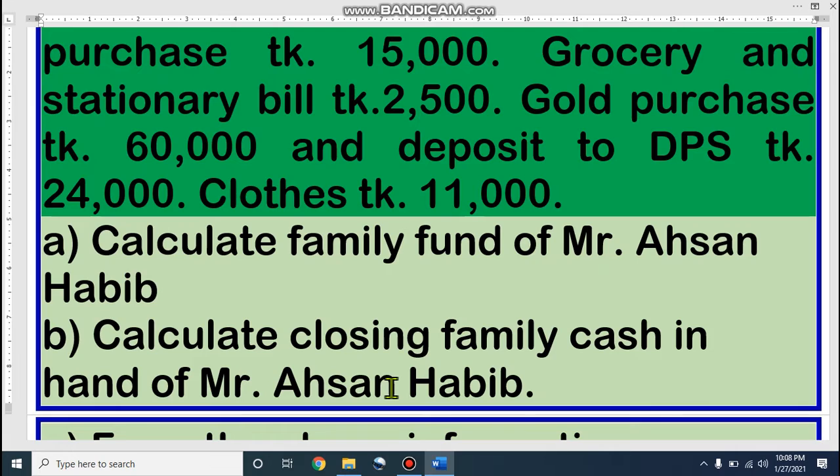Last class I told you that whatever receipts Mr. Ahsan Habib received will be on one side, and on the other side we write whatever payments Mr. Ahsan Habib made, then the difference will be closing cash in hand. That means how much money he has received throughout the year will be added together, and how much payment he has made throughout the year will be subtracted. Then there will be cash in hand.